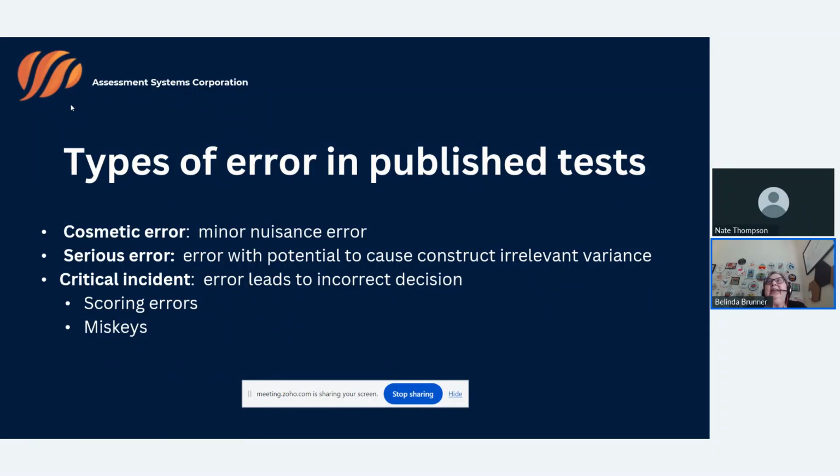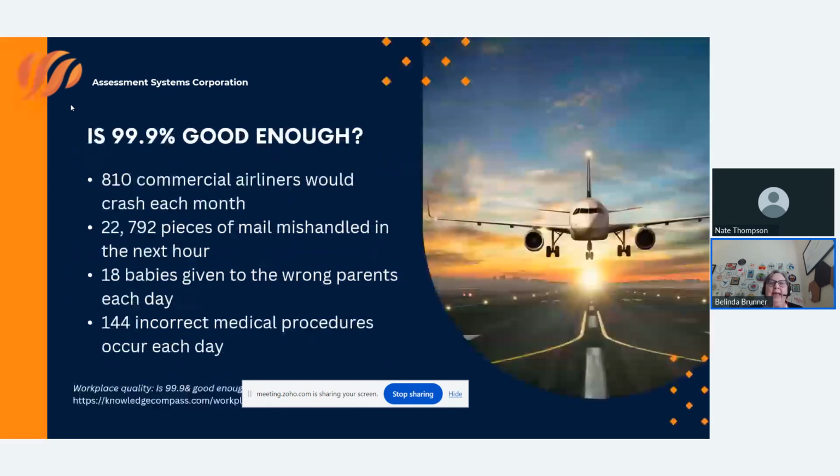So again, the key is that although the test publishing is the culmination and it's the final check, we want to build quality in throughout our test development and test publishing process to prevent all types of errors. And at each place that those errors could occur, we should be having some sort of checks.